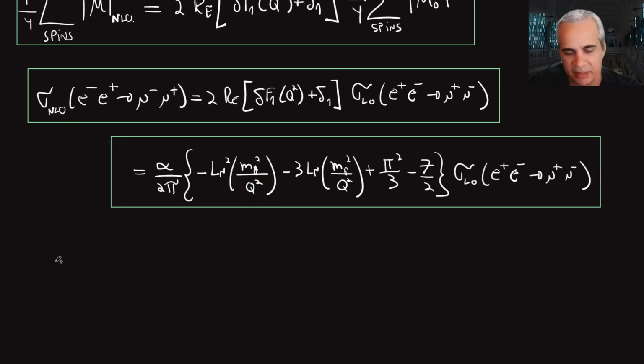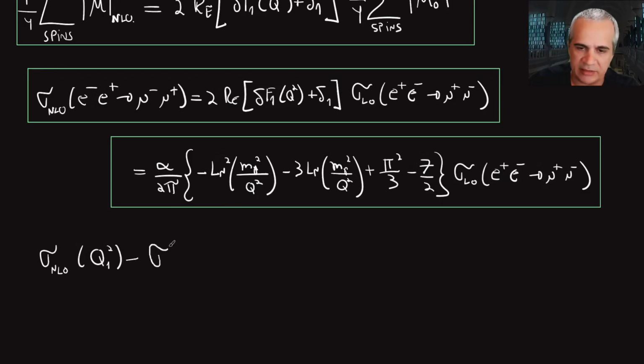It doesn't matter if I go and calculate, say, the cross-section next to leading order at some energy. Say I take one particular setup with initial center of mass energy, which I'm calling Q1 square, and subtract the same thing for a different energy. So now I'm looking at the difference between cross-sections at different center of mass energies. This log part goes away, right?